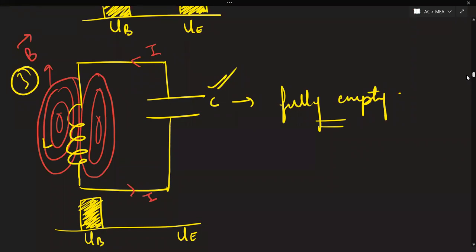Ma'am, can you show the second one again? Yes, Khalid?